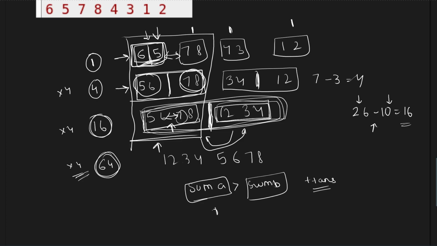So for calculating sum A and sum B, I can use prefix sums and find the value of sum A and sum B one time, right? So I don't have to worry about calculating the sums again and again. I can just use prefix sums and calculate it one time, because no matter how many adjustments I make at these positions, the first four elements will always be the same, right?